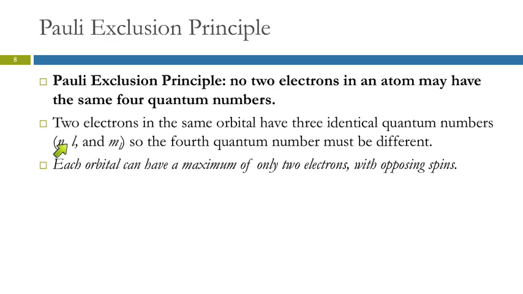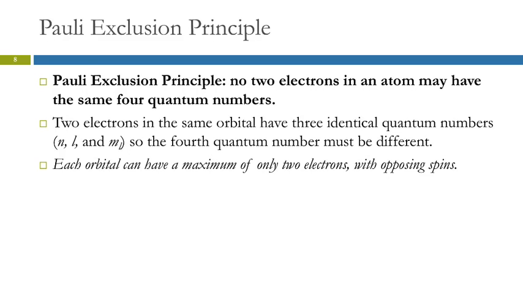The principal quantum number, I always forget these names, L and M sub L, those are all going to be the same. And so the 4th quantum number has to be different. That means that one of the electrons would be plus 1/2, and the other would be minus 1/2, in that m sub s. So what we get from this, and this is what you really need to remember, is each orbital can have a maximum of 2 electrons, and they have to have opposing spins.